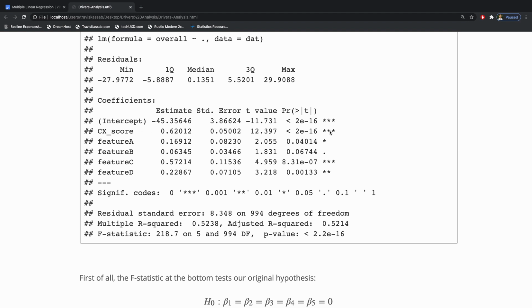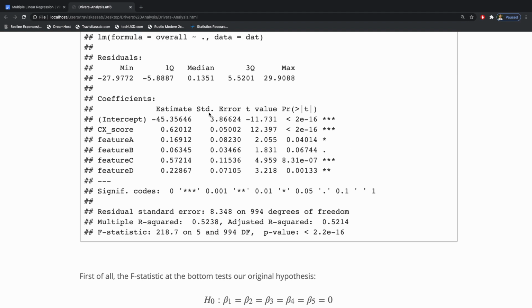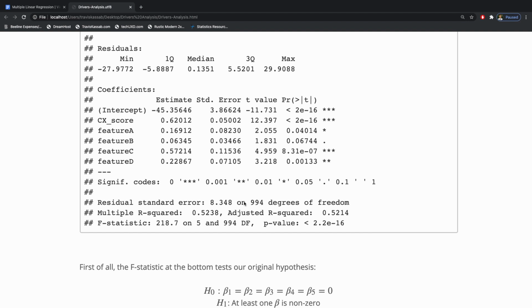So these asterisks over here are saying that feature C is highly significant, feature D is. Feature A is close, but it's still significant at the 95% confidence level, and feature B is not. But that's okay, because we'll actually handle this in our analysis. So this is just kind of an initial look at the summary for linear regressions.